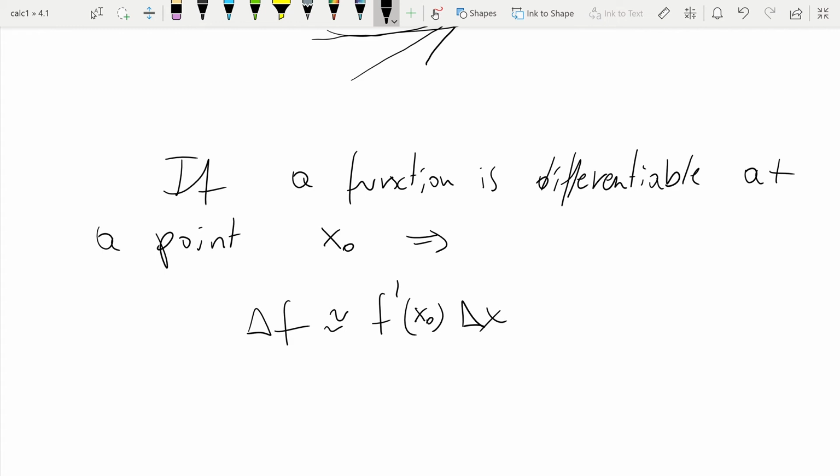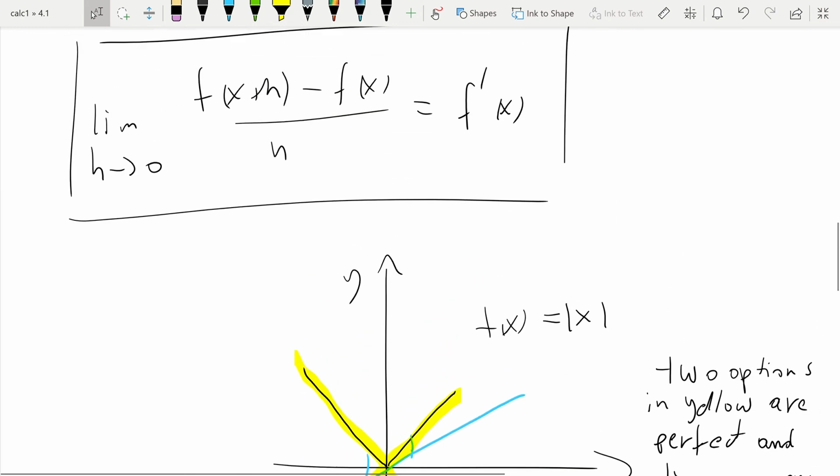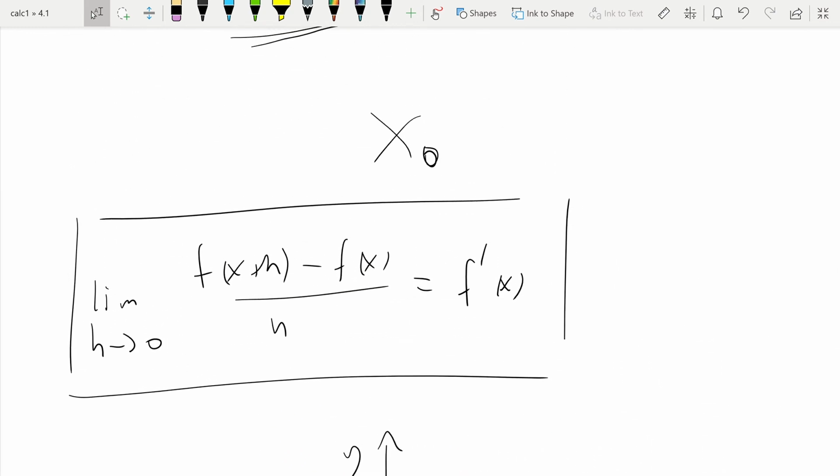Why? Because the limit that we're considering when defining f prime is the limit of delta f divided by delta x as delta x goes to 0.